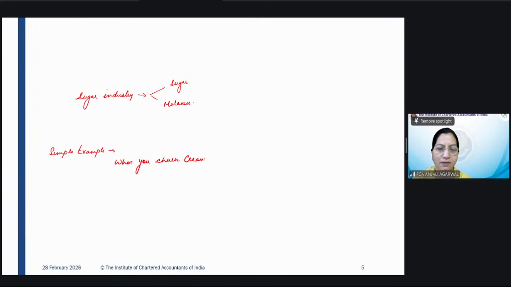After some point, when you keep on working on it, you end up getting butter and buttermilk. So maybe you'll agree that butter becomes the main product and buttermilk the byproduct.